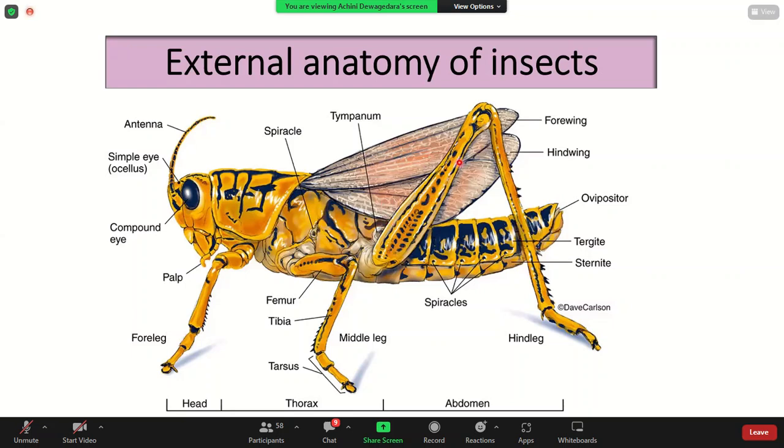What is this? Jointed parts. What are these? Jointed parts. I'm asking what is this body part?